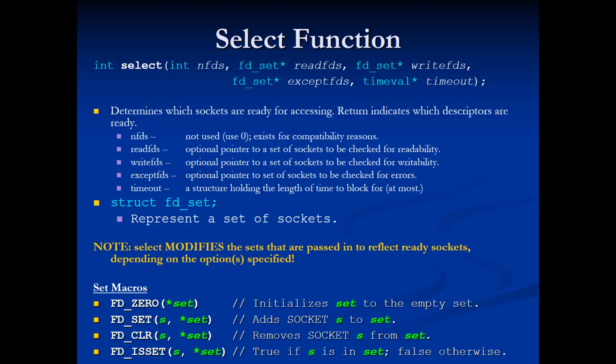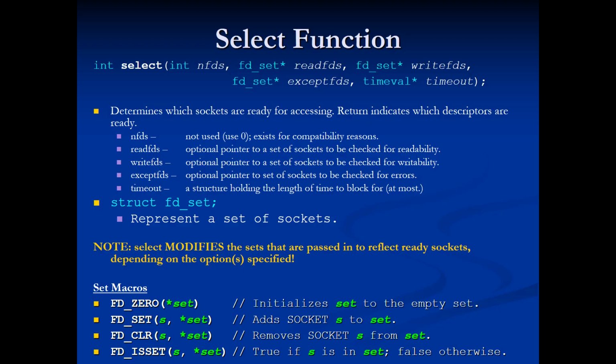And then you have the structure FD_SET. That basically represents a set of sockets. So you're going to make an FD_SET that you'll place all your sockets in, and then you'll call select on that group of sockets. And you can use the set macros to manipulate it. You can use the macro FD_ZERO to initialize your FD set.